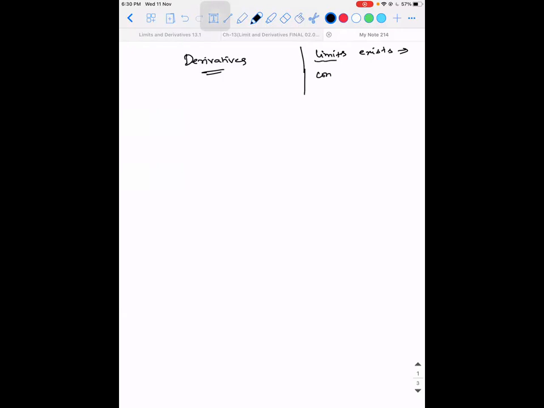When someone says limit exists, what are they indirectly trying to tell us? They are trying to tell us that the function is continuous. Else, it is discontinuous. So one thing is clear: limits is mainly applicable only for a function. In a similar way, derivatives is also applicable to a function only. But by finding a derivative, what exactly are you finding? That is what we are going to see in this particular part.